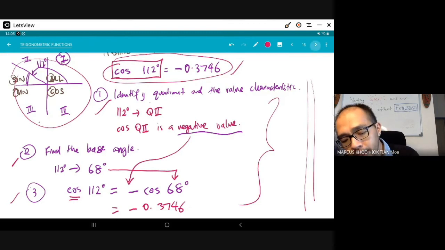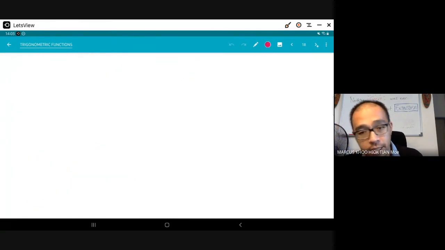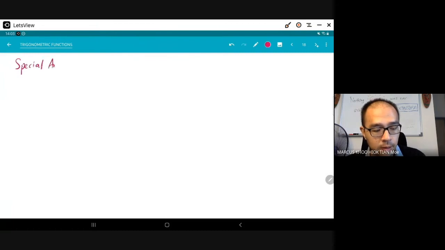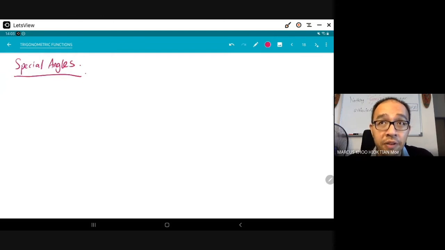Okay, the second thing that I want to cover today is what we call special angles. And just like yesterday, the idea of the complementary angles, right? When you understand how the complementary angles work, the two angles when you add them are actually 90 degrees, you don't even need to memorize.